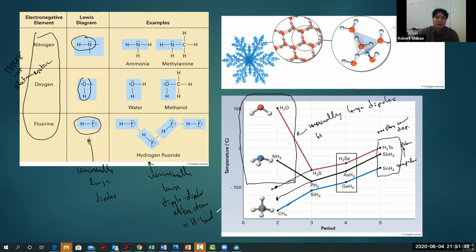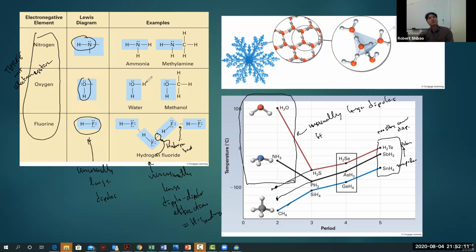And so H bonds are unusually large dipole attractions. And so this would be the H bond here. It's an H bond or hydrogen bond. It's not an actual bond, it's just an attraction. So that's why they're dashed, you know.